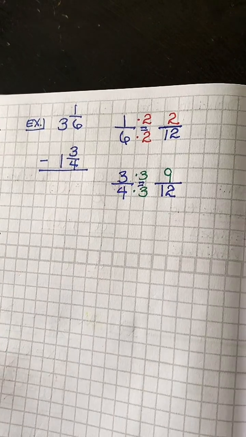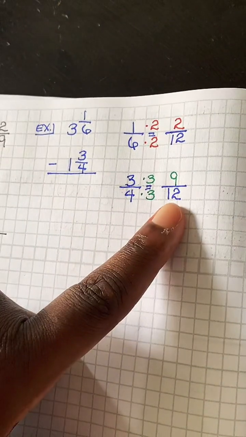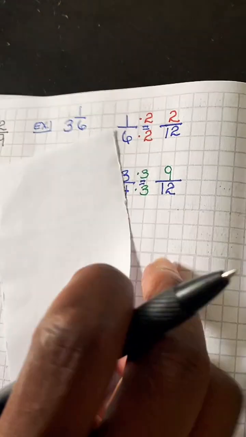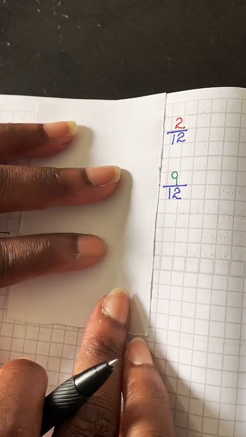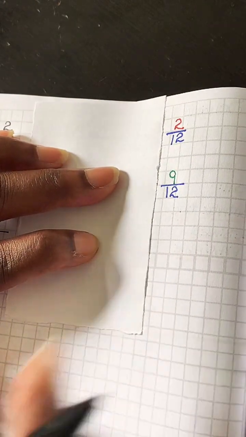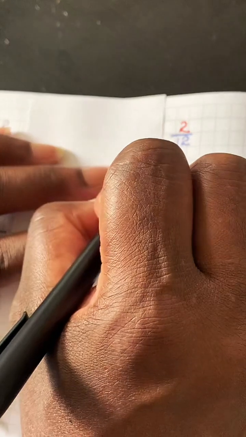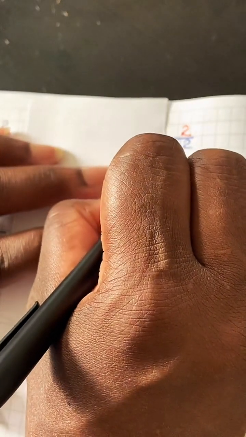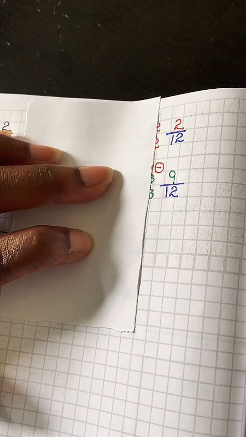Now, what's wrong? Let me cover this part up so you can focus. So remember, we're subtracting these. What's wrong?